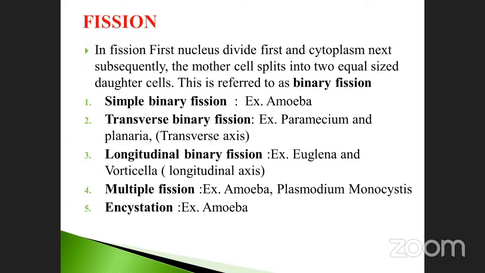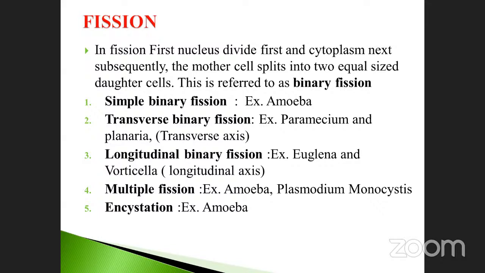Only the nucleus divides into more than 10 or 15 like that. Only karyokinesis takes place, but not cytoplasm. After it comes out, the cytoplasm gathers and forms a new one. That is called multiple fission. Amoeba, plasmodium, and monocystis are the examples.